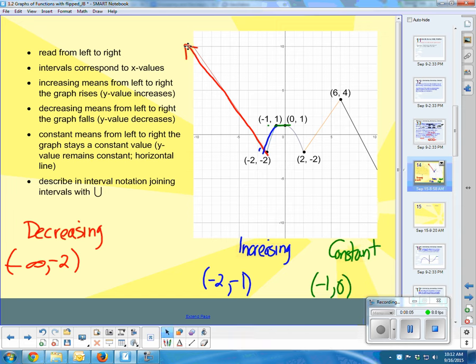Now if I continue to follow the function, so I'm starting at 0, 1, and if I am pretending to be the tortoise and I ride the function from left to right, I'm going down again, so this interval is decreasing. So I started my x value of 0, and I went to my x value of 2. So over on the decreasing part, I'm going to make a union from 0 to 2. I was also decreasing.